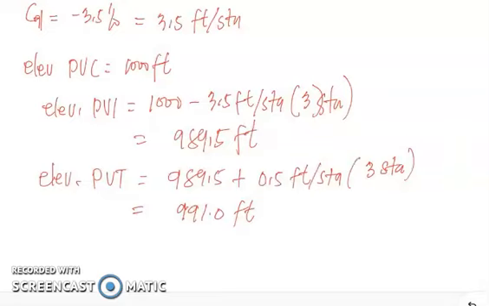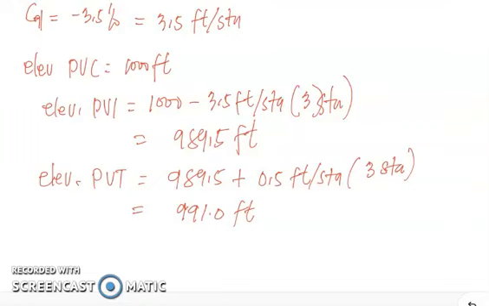For example, a sag curve with an initial grade of negative 2.0% and a final grade of negative 2.0% will have its lowest elevation at PVT.